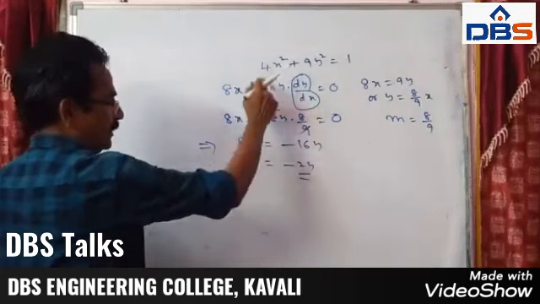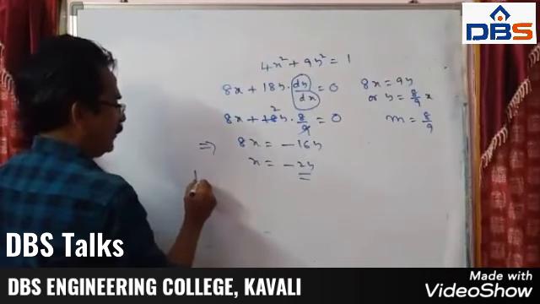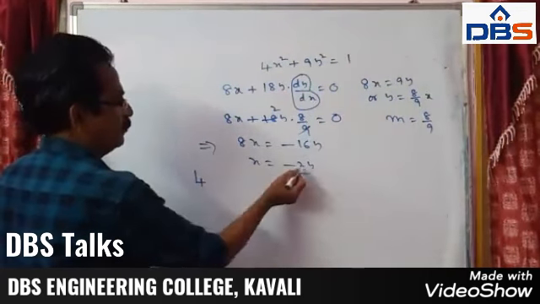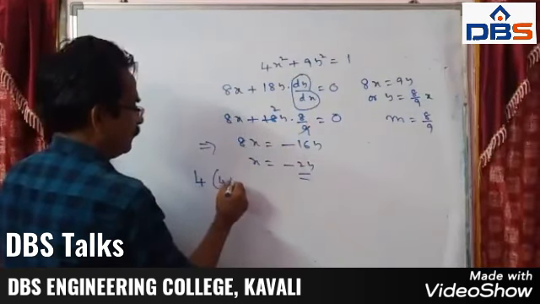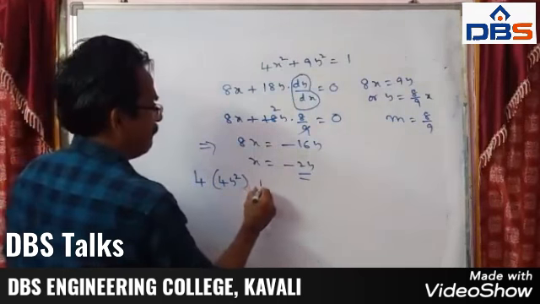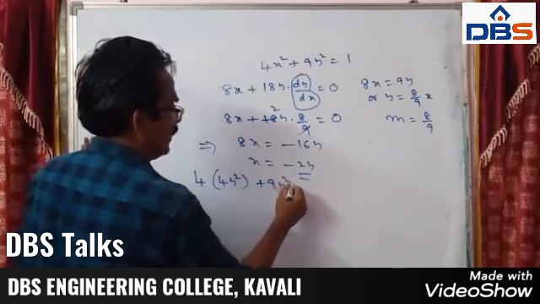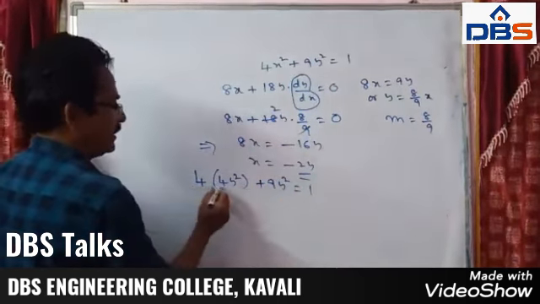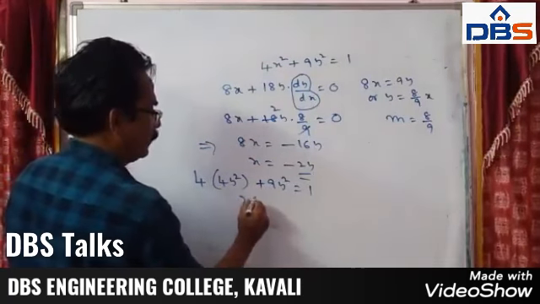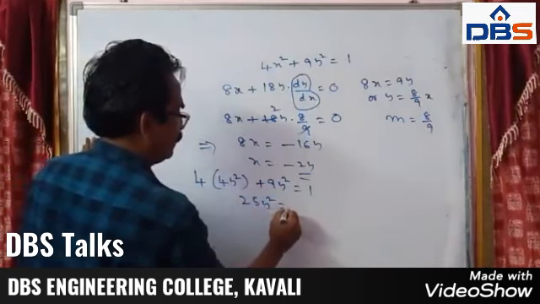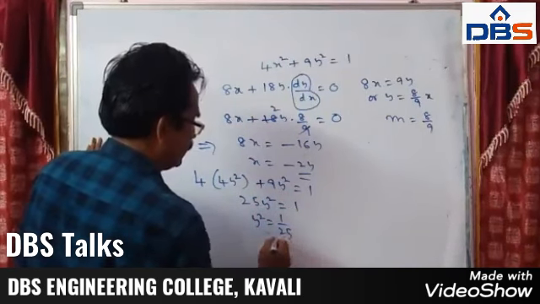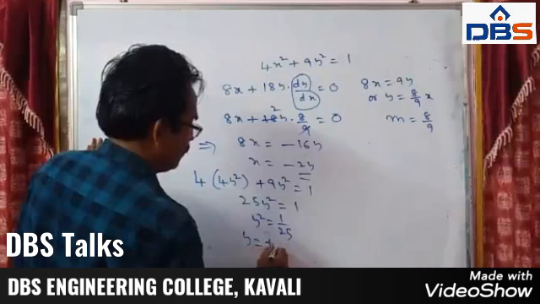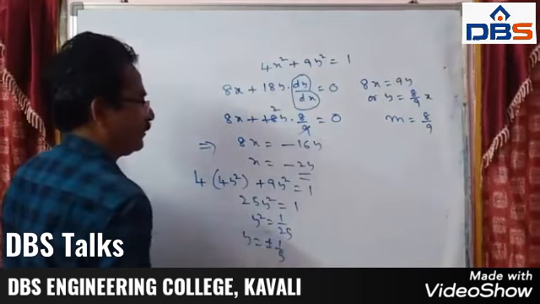So I am substituting here: 4 into minus 2y whole square means 4 times 4y square, so 16y square plus 9y square is equal to 1. 25y square is equal to 1. y square is equal to 1 by 25. y is equal to plus or minus 1 by 5.